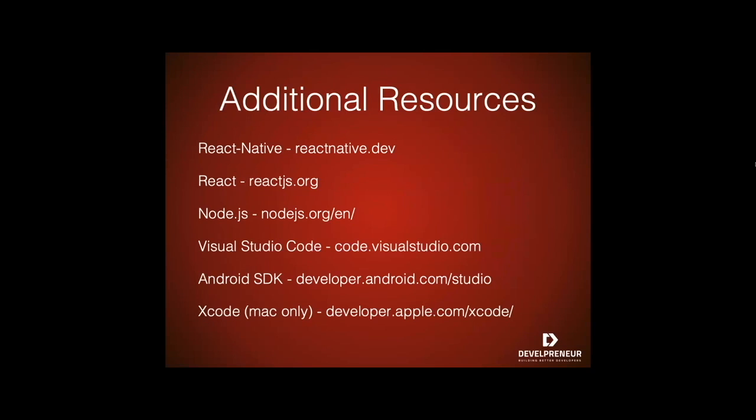And last, we have Xcode, which is Mac only. Xcode is Apple's integrated development environment for Mac OS. It's used to develop software for Mac OS, iOS, iPad, watchOS, and tvOS.